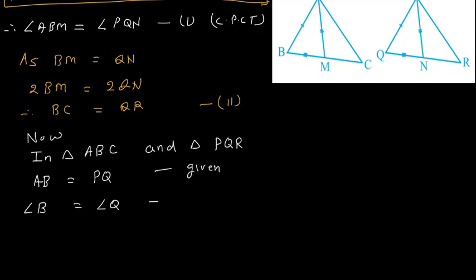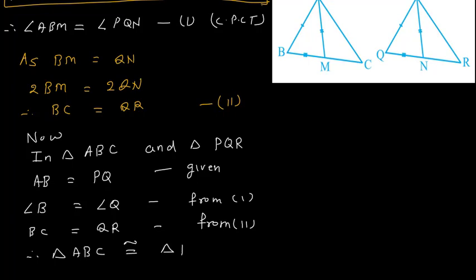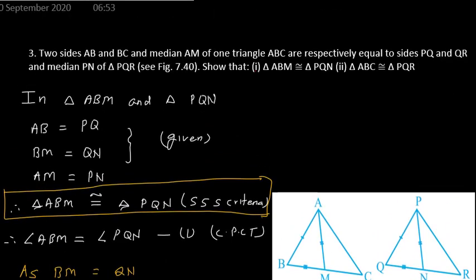This is, I will say, from equation 1. And thirdly, my BC will be equal to QR. Again, I will say from 2. So therefore, triangle ABC will be congruent to triangle PQR by side angle side criteria. So by side angle side criteria, these two triangles are congruent. Done. So we have solved these two parts.